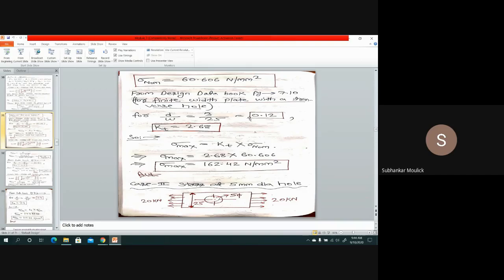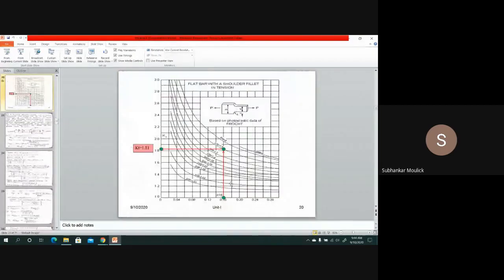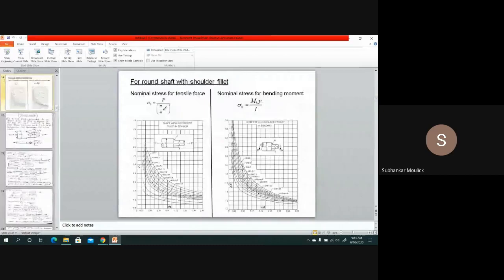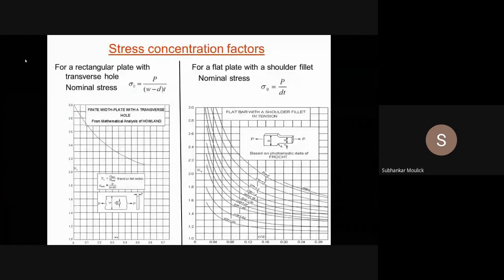What is the value of Kt? So let us find out. So A by W is 0.12. So this is 0.1 and this is 0.2.